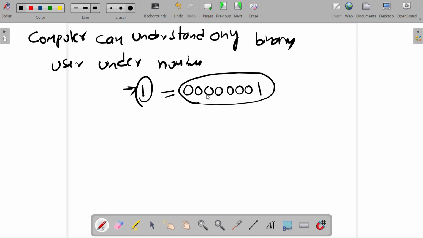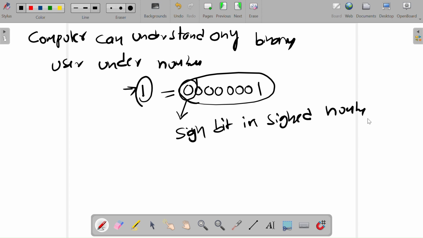Okay, so how do they differ for signed and unsigned in the computer? See, the MSB can represent the sign bit in signed numbers. So MSB 0 represents positive, and 1 represents negative for signed numbers.